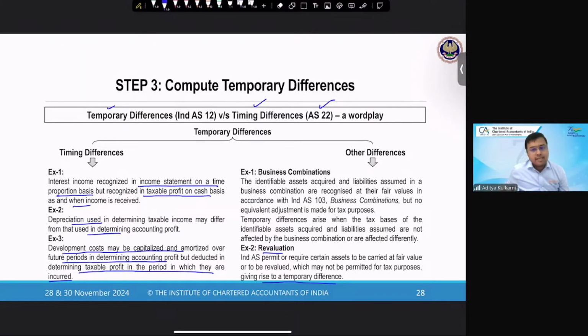Yes, sir, fixed assets revaluation was there in AS 10. But did you take the impact of revaluation for assessing deferred tax asset and liability? No, sir. It would come in the form of adjusted depreciation charge. Yes, sir. So therefore, this is the better approach.